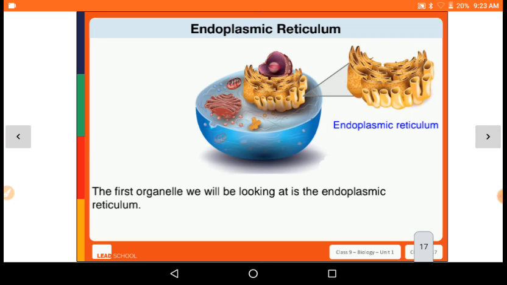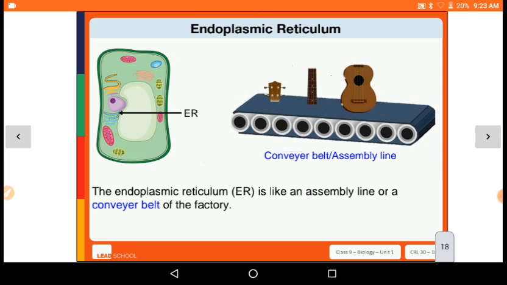First is endoplasmic reticulum, ER. We can say in short ER, endoplasmic reticulum. Okay, the first organelle we will be looking at is the endoplasmic reticulum. Endoplasmic reticulum, ER, is like an assembly line or a conveyor belt of the factory.